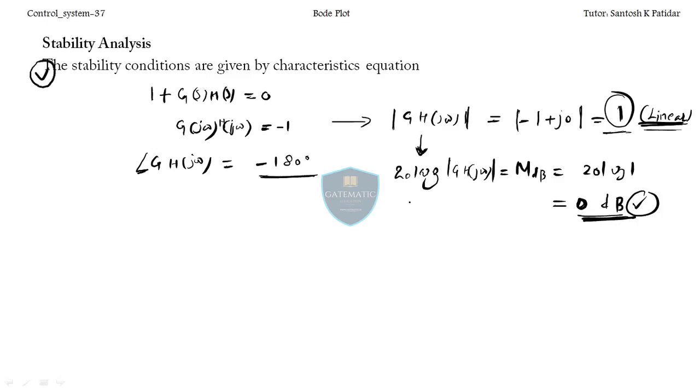These are the two reference conditions we are generating over here, and with respect to these two conditions we'll proceed further. Okay, so the point is the phase should be minus 180 degrees and the magnitude will be 1 in linear scale or 0 in dB.